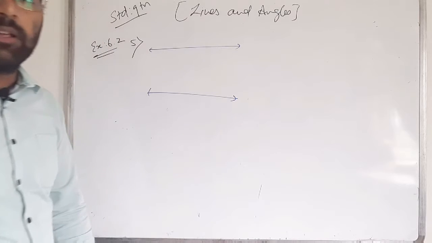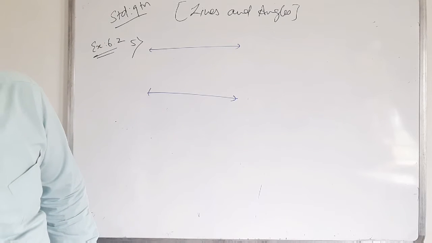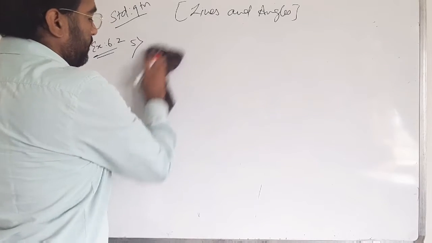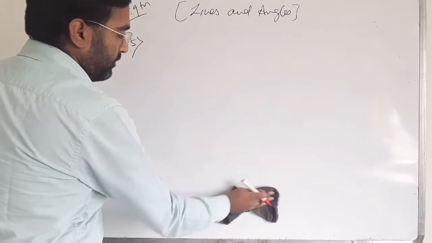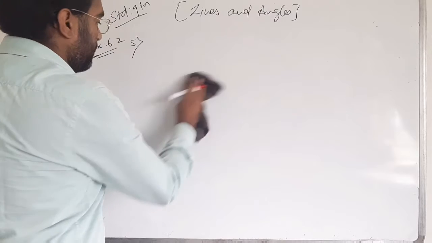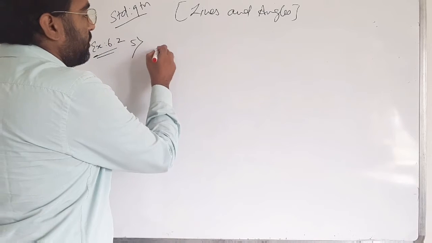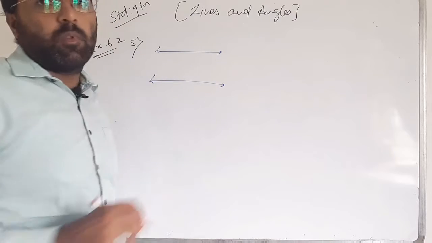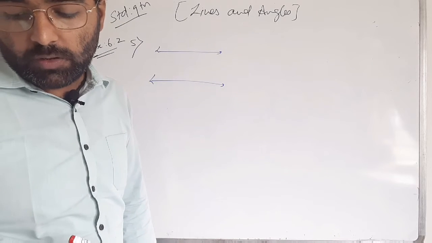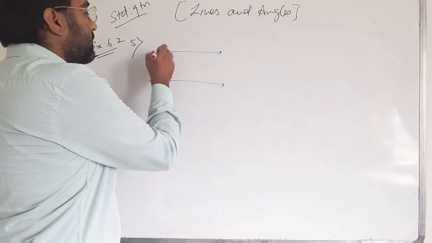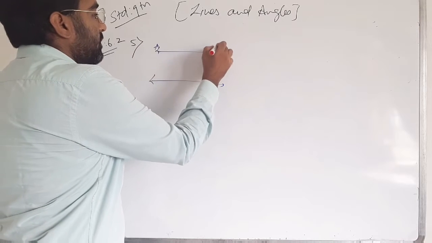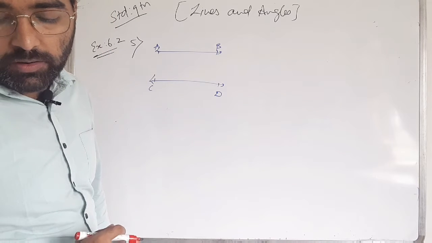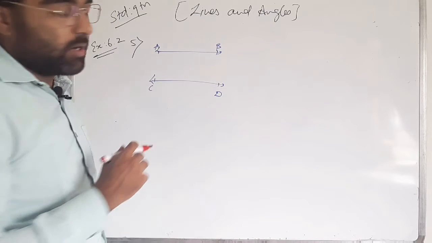Here the two parallel lines are given, that are AB and CD, and triangle PQR.